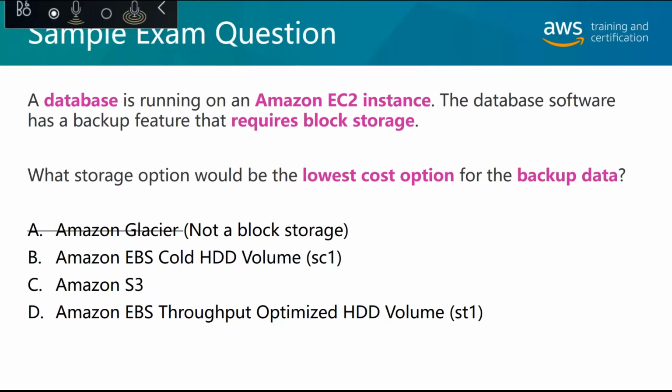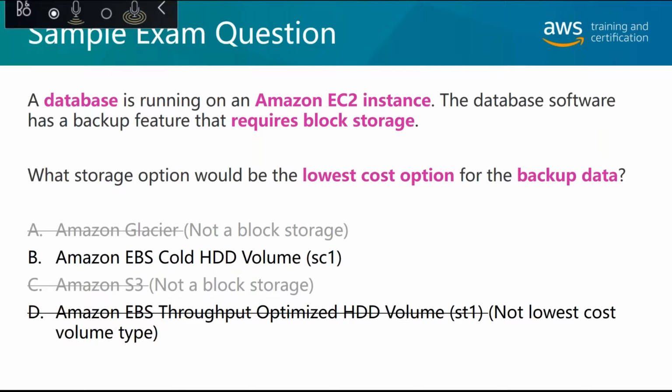Glacier is basically for archiving and not necessarily block storage. And then S3 is definitely not block storage. And the goal here is we said that we want the lowest cost option for the backup data. So Amazon EBS cold HDD volume would be the best answer in this example.